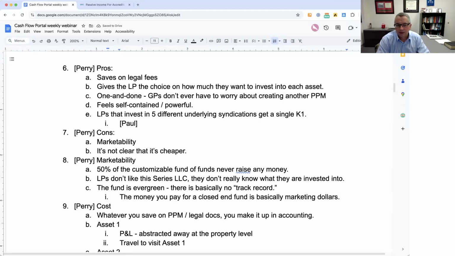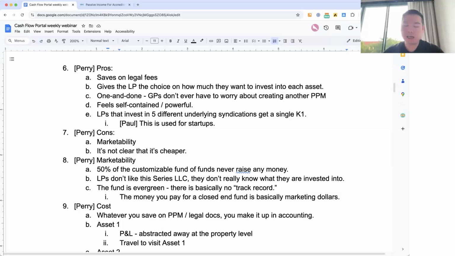Some investors could be investing in 5 to 10 deals every single year. And once you start doing this for 5, 10 years, if you're not doing the special purpose vehicle, the Delaware Series LLCs, just the number of K1s that they get is a bit overwhelming. So it does provide a really good way to provide your clients, your LPs, with simplified back office accounting. I like that. Thank you.